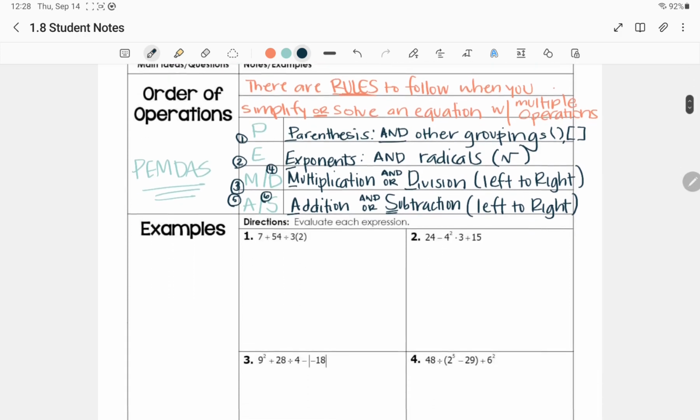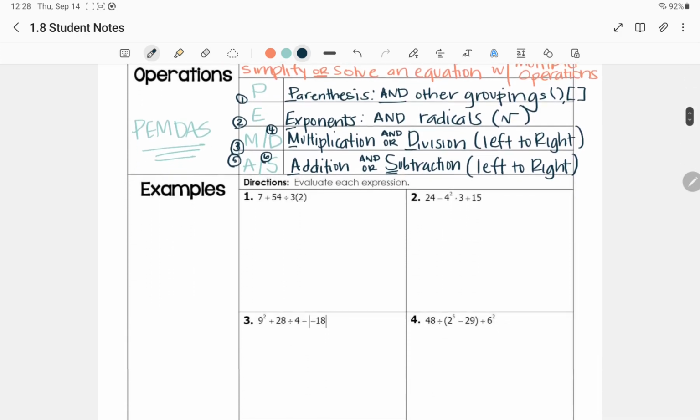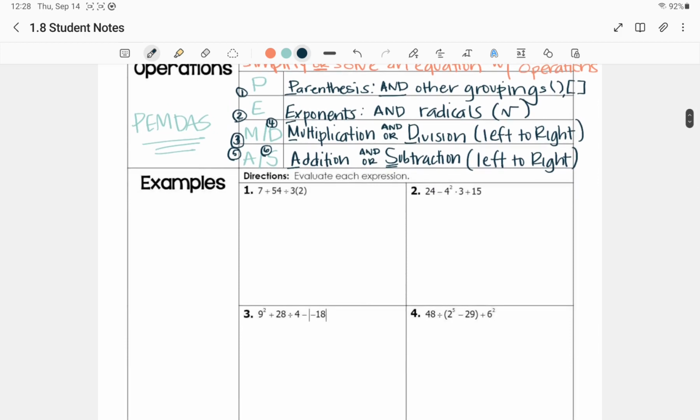All right, let's do some practice. Keep our rules up so that we can see. All right, so here we have 7 plus 54 divided by 3 in parentheses 2. So parentheses first, whatever's in the parentheses, we're going to do that first.